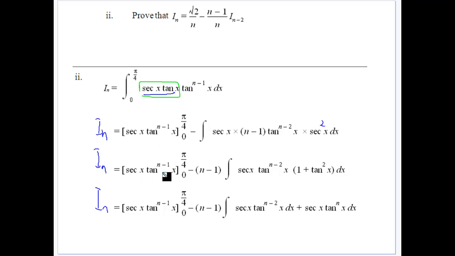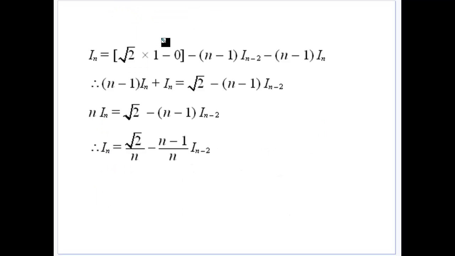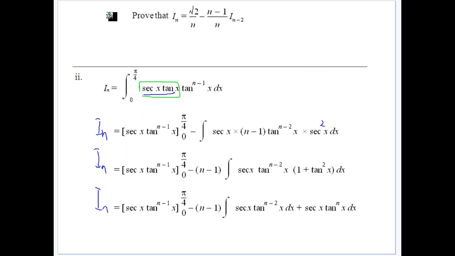We'll leave our left hand part here. We bring the n minus 1 out and convert sec squared x to 1 plus tan squared x, which we can then expand with our product here to give us sec x tan to the n minus 2 of x plus sec x tan x to the power of n, which we can start to write in this notation again. So we can do the calculation of this first part.